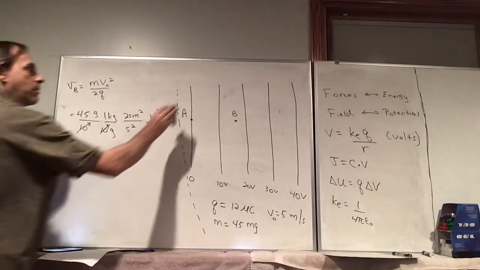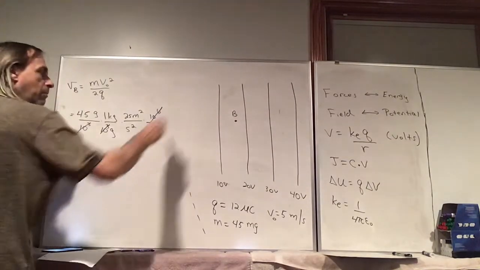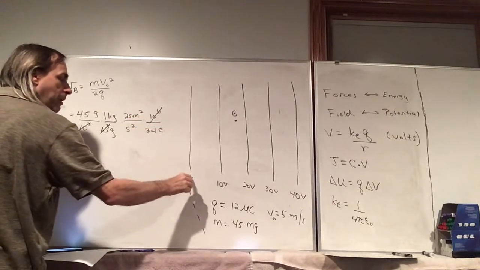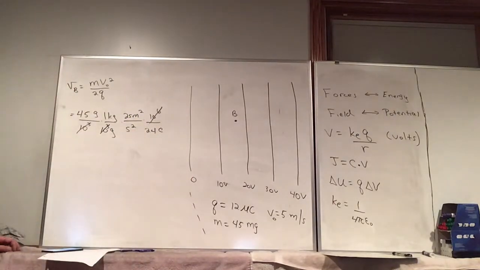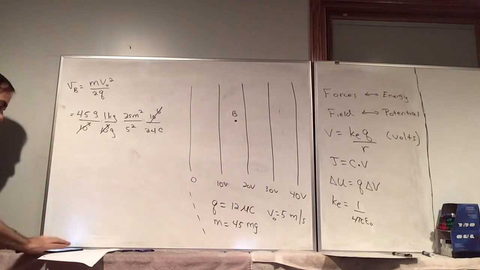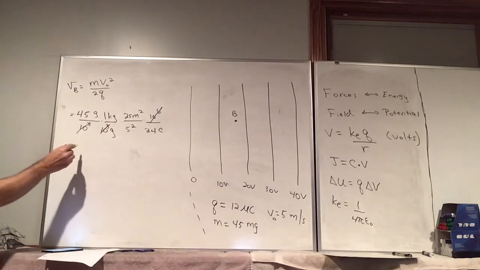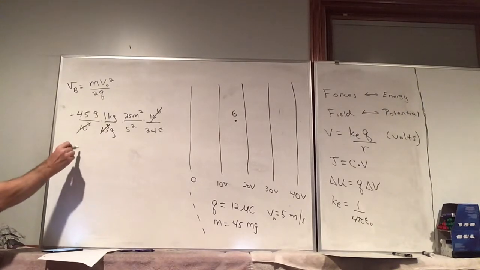Let's see what we've got so far and clean this up a little bit. Numerically, we have 45 times 25 divided by 24. So we have 47, roughly.